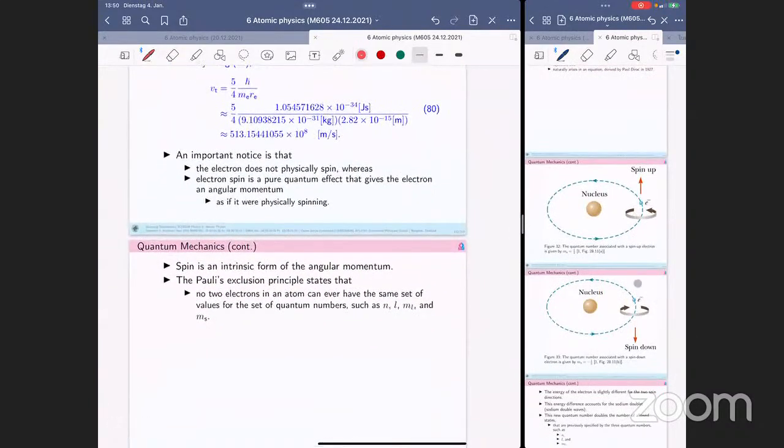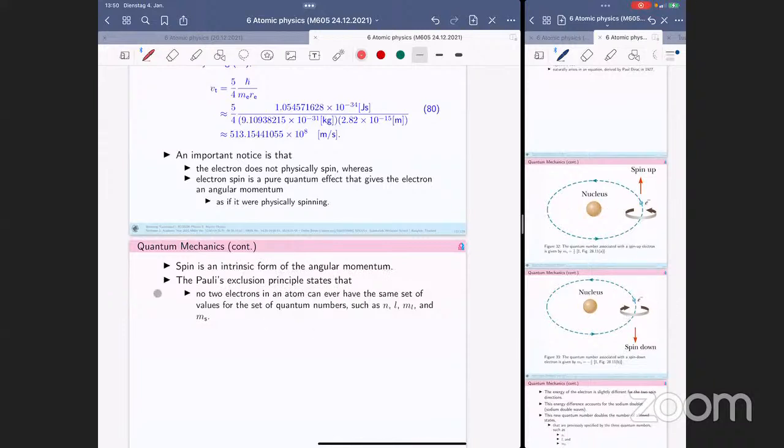This is only a pseudo configuration. The electron doesn't rotate around itself, whether spinning up or spinning down. The electron doesn't physically spin. Electron spin is a pure quantum effect that gives the electron an angular momentum as if it were physically spinning. Spin is an intrinsic, hidden form of angular momentum, but actually the electron doesn't spin or rotate at all.